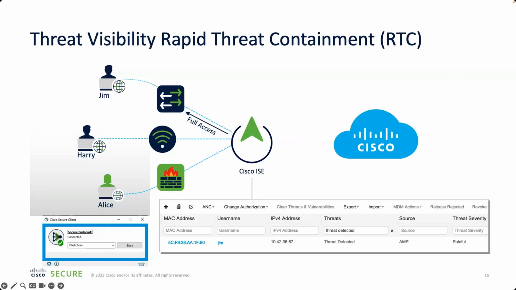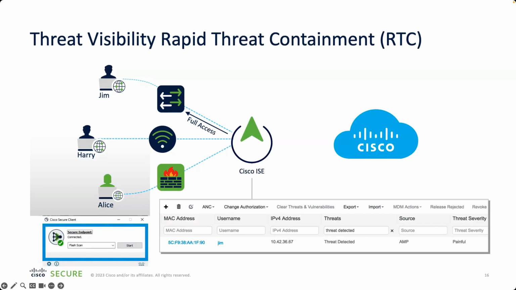So in the second demo, we are going to talk about how to configure the RTC on FMC. But before that, I wanted to give you a quick example of how it feels in a real network environment. So if you see here, we have all the users, Jim, Harry, and Abyss, and all of the users have Secure Endpoint.